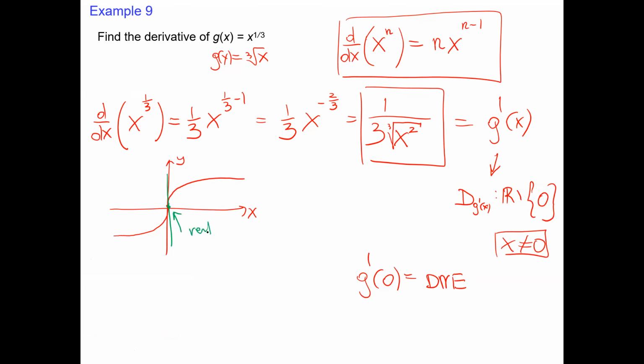We have a vertical tangent at x equals 0. A vertical tangent has no slope, no derivative.